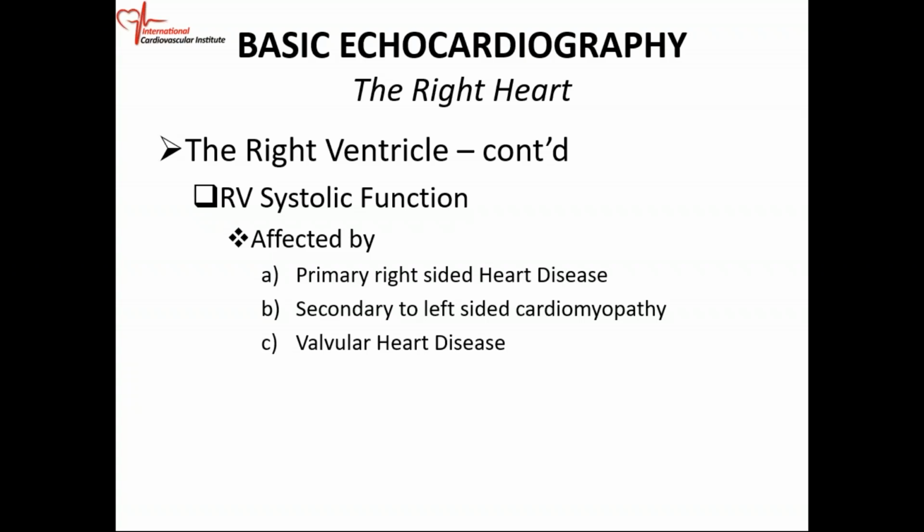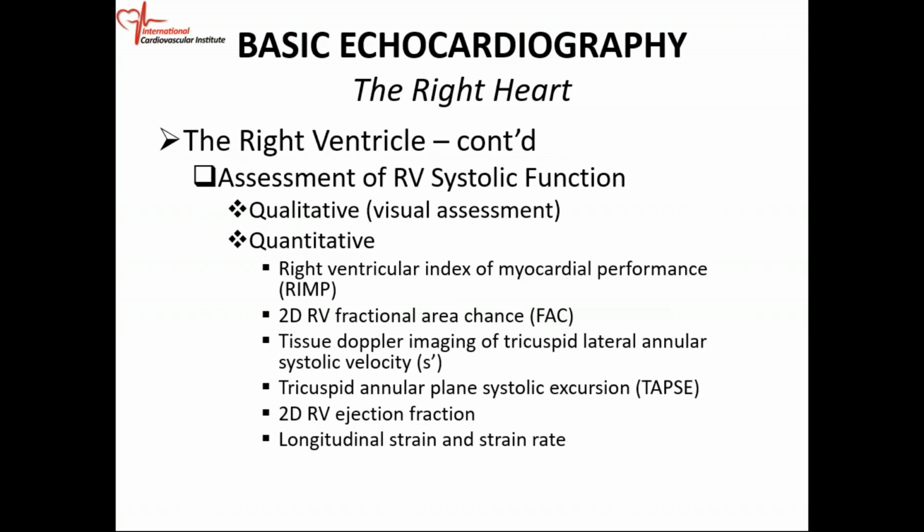If you have a left-sided cardiomyopathy, which involves the right side, that can affect the RV systolic function. Valvular heart disease: you might have significant mitral stenosis or mitral regurgitation, where the pressure is going to go backwards. You're going to get pulmonary hypertension, and eventually it can affect the RV systolic function. So assessing the RV systolic function is very important.